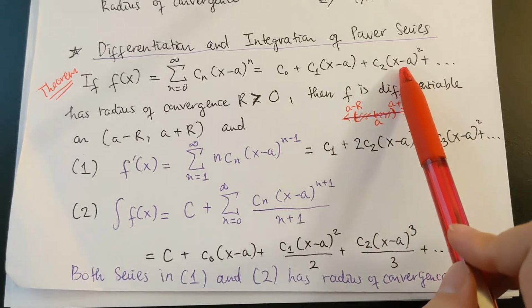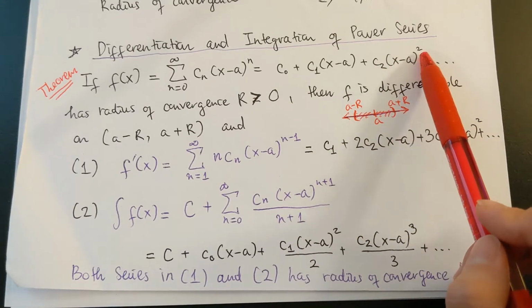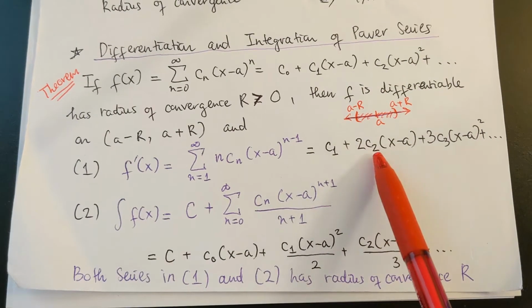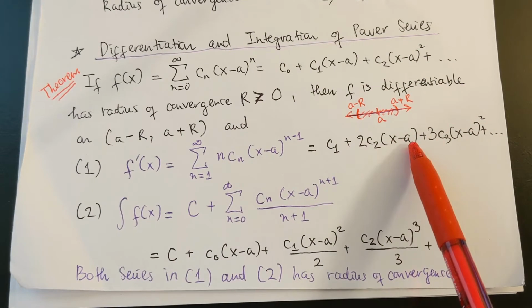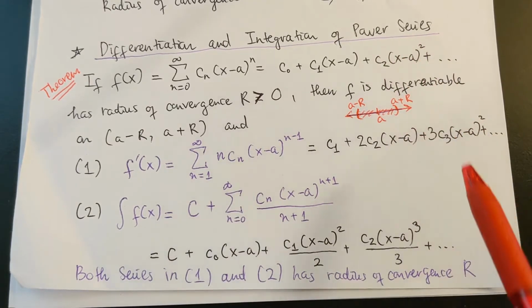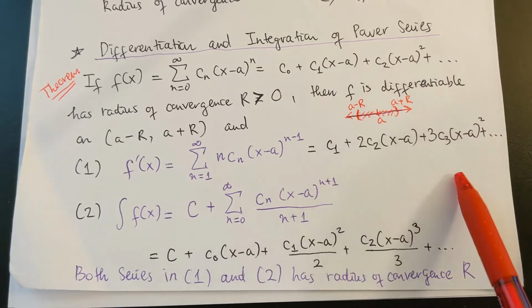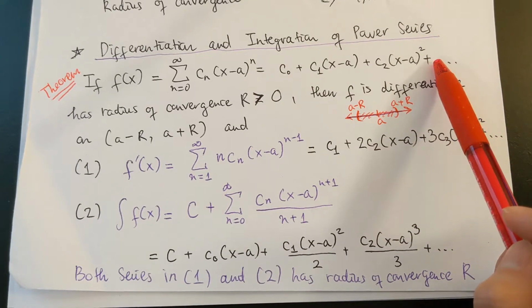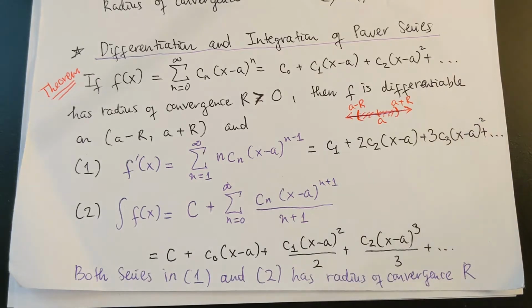And if I take the derivative here, using the power rule, I bring the power down. So I have 2c2 times x minus a. Here you have to use the chain rule. The next term will be c3 times x minus a to the third.